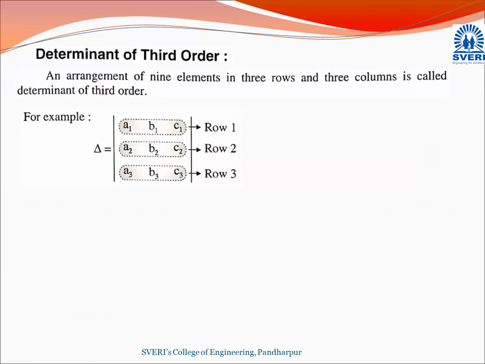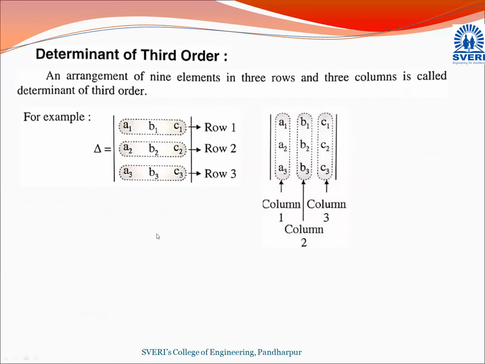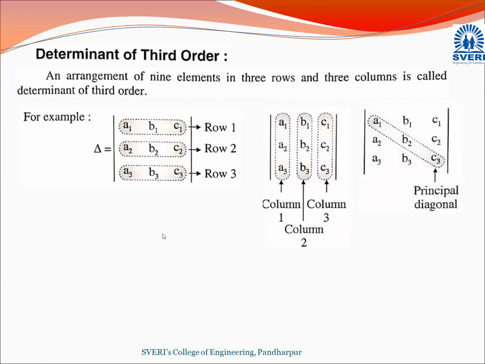If you are finding the determinant of third order, there are 3 rows and 3 columns. Look at this: a1, b1, c1, a2, b2, c2, a3, b3, c3.